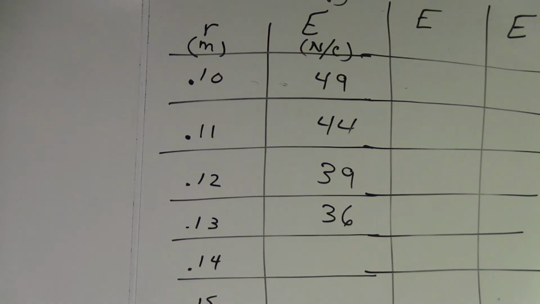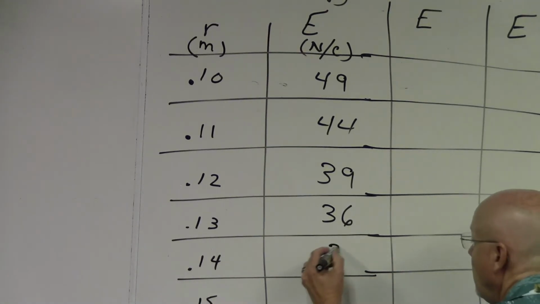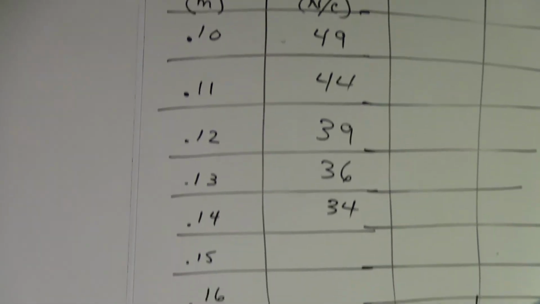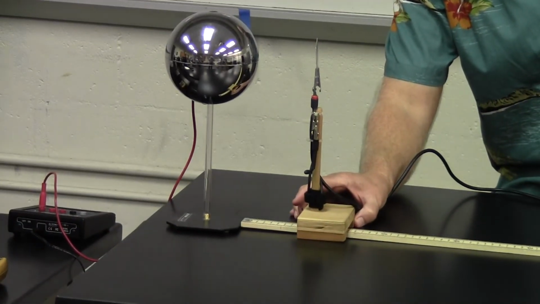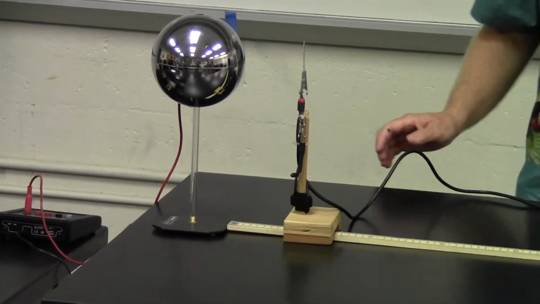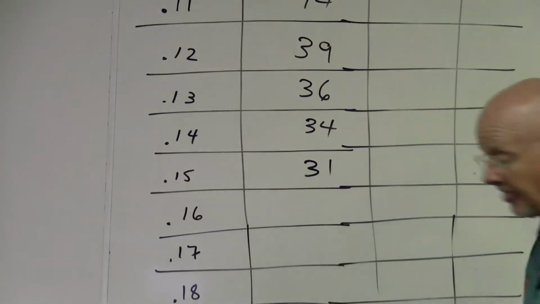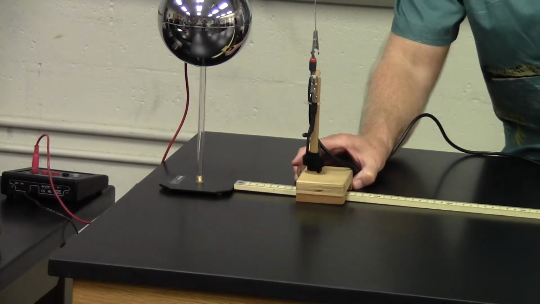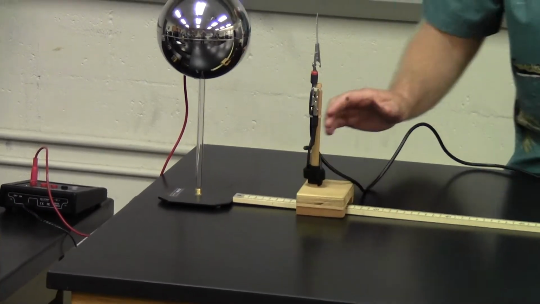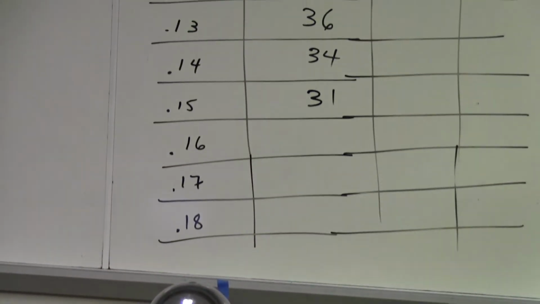It's an analog dial. I'm going to call it a 34. Call that a 31. Call that an even 30.